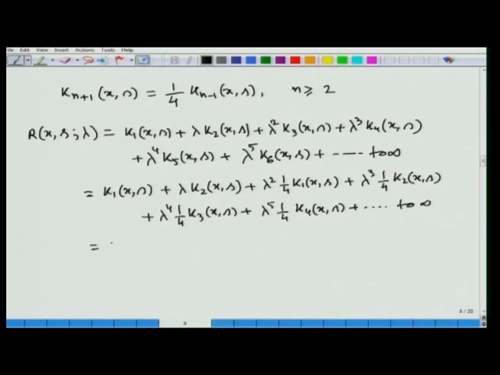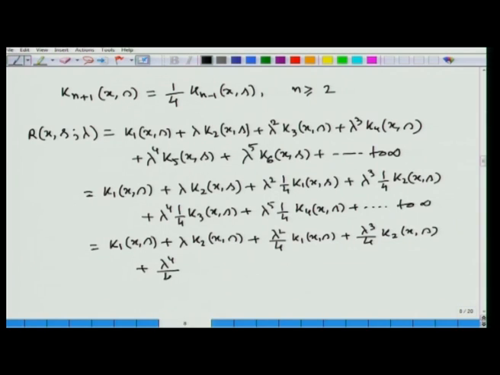we can write this is equal to k1(x,s) plus lambda k2(x,s) plus lambda square by 4 k1(x,s) plus lambda cube by 4 k2(x,s) plus lambda to the power 4 by 4 square k1(x,s) plus lambda to the power 5 by 4 square k2(x,s) plus dot dot up to infinity.